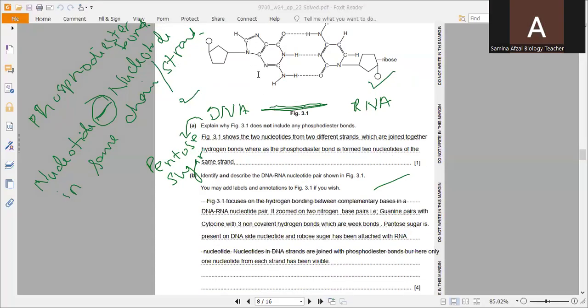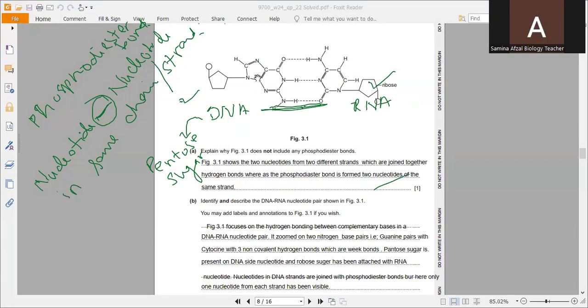Now, the next question is, identify and describe the DNA RNA nucleotide pair shown in figure 3.1. You may add labels and annotations to figure 3.1 if you wish. Yes, I would like to explain this question. You can see the hydrogen bonds, which are non-covalent bonds. They are formed between the DNA and RNA molecules.